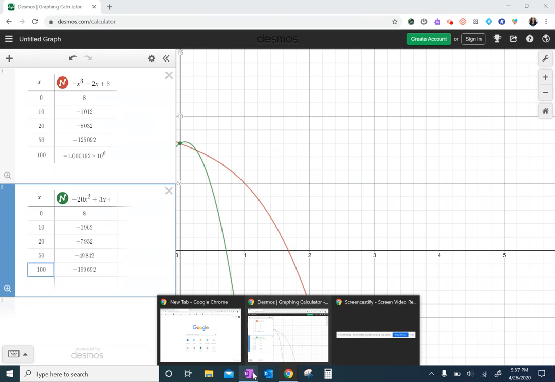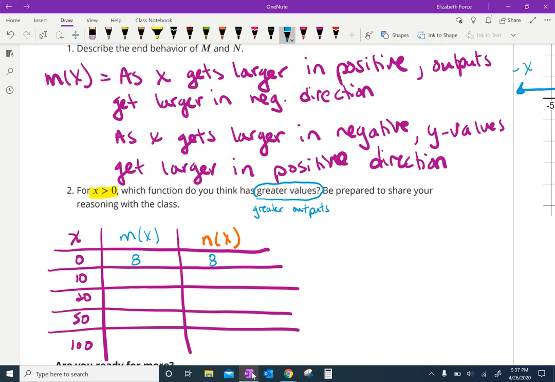M of x was our negative x to the third, right? And n of x was our negative 20x squared. So the degree 3 was bigger, and this output was smaller.